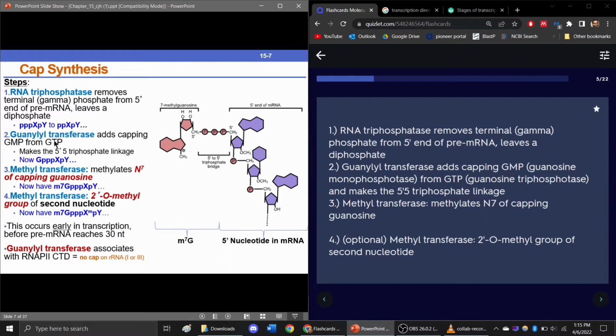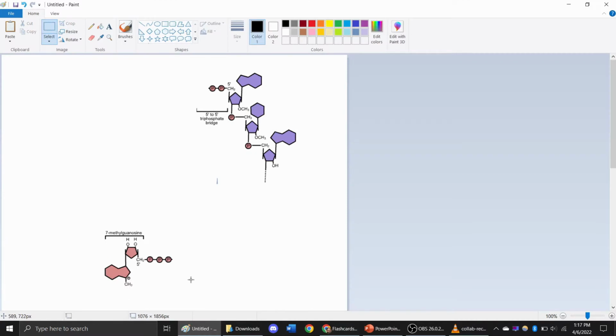Step 2, now you have another enzyme called guanylyl transferase. It's going to find a GTP molecule and take it. We know that GTP is guanosine triphosphate, and GTP has a number of other uses that you learn about in biology, like the G protein cycle. It's going to turn it into GMP, guanosine monophosphate.